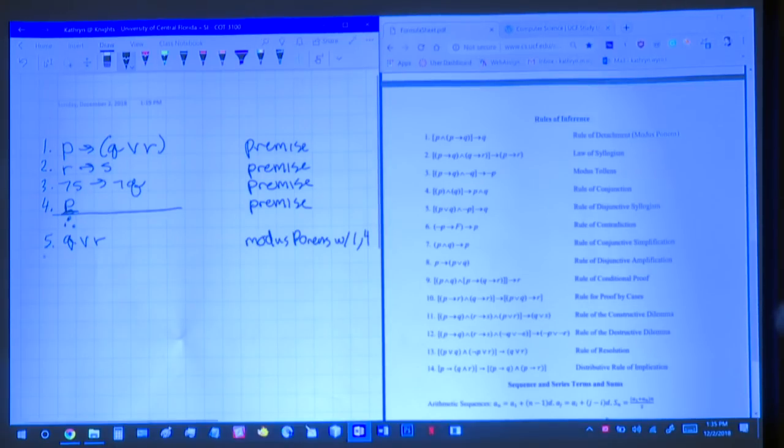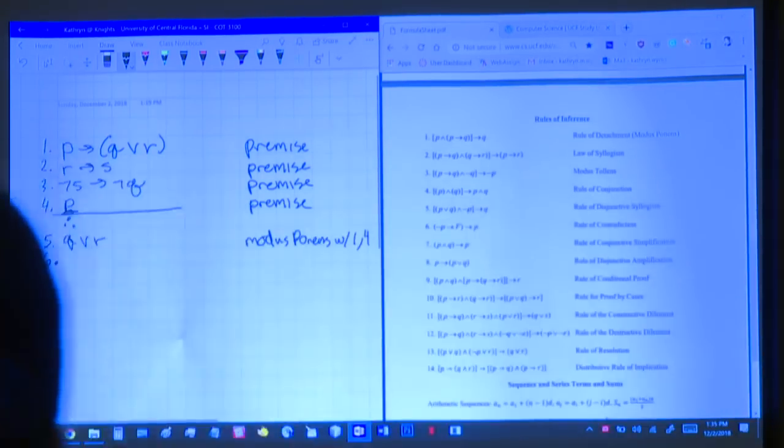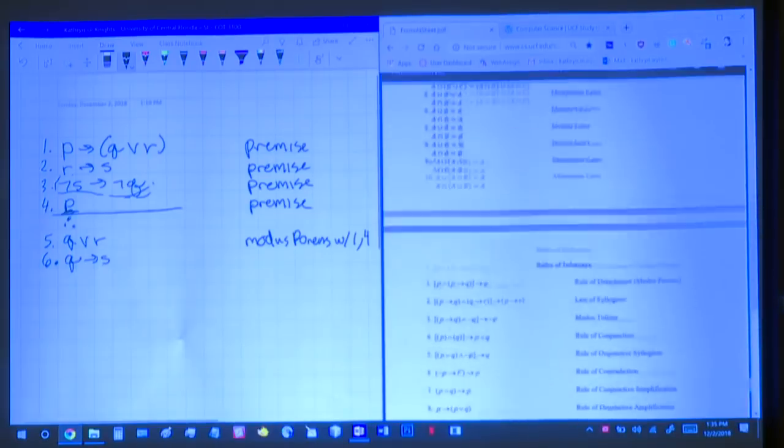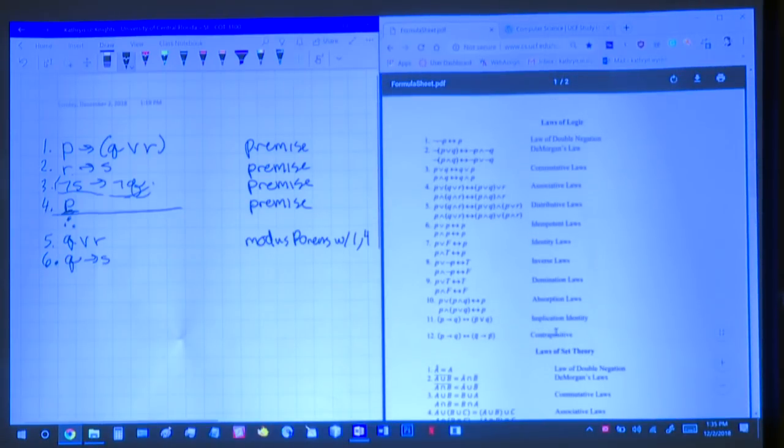Then we can flip this one around using contrapositive.